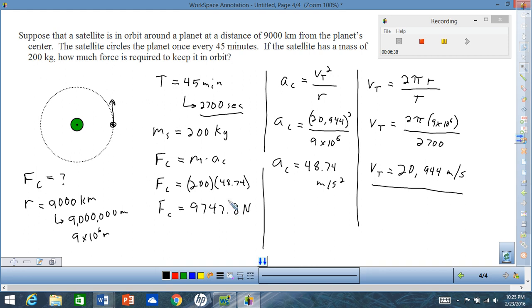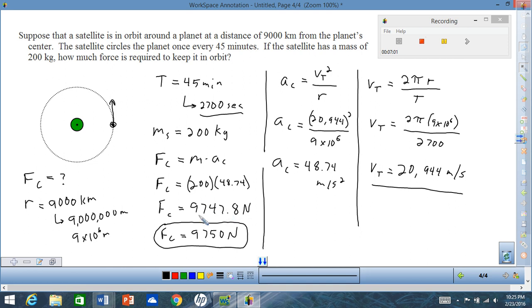And in fact, at this point, we're talking about the force of gravity on a satellite that keeps it in orbit, and so really we would probably be better just rounding that to 9,750 newtons. Just keep the change there, and we'll go with a nice round value. Again, that's not a hard and fast rule. It just sort of works out a bit neater. If that bothers you, feel free to go ahead and write out the full 9,747.8 newtons.